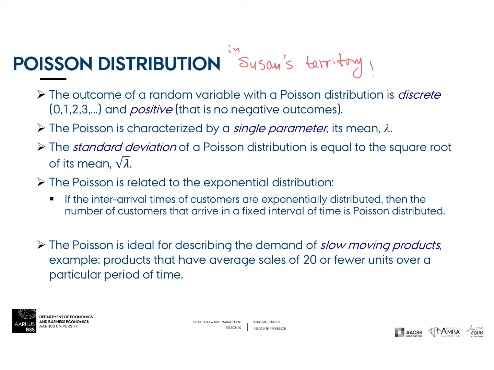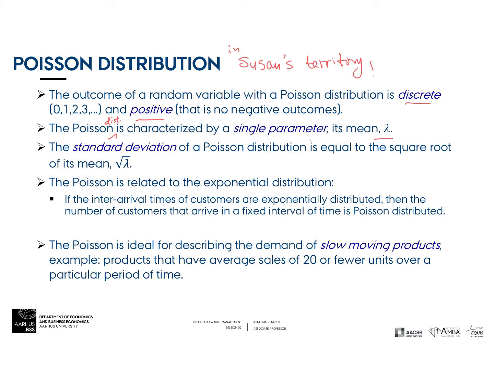Let's first see what a Poisson distribution is. The outcome of a random variable with a Poisson distribution is discrete and positive. That's a characteristic of a Poisson distribution. The Poisson is characterized by a single parameter called the mean.